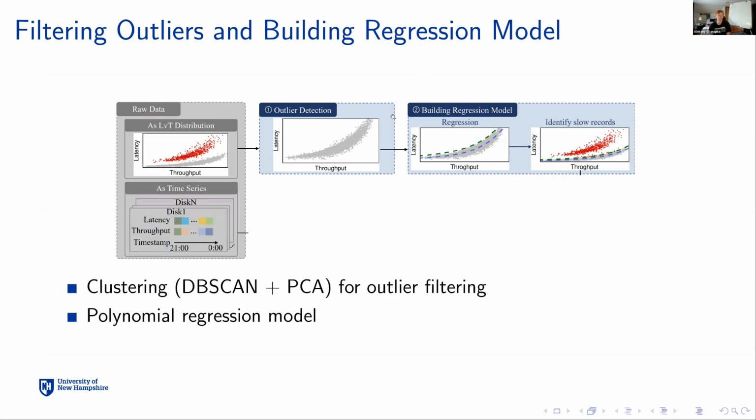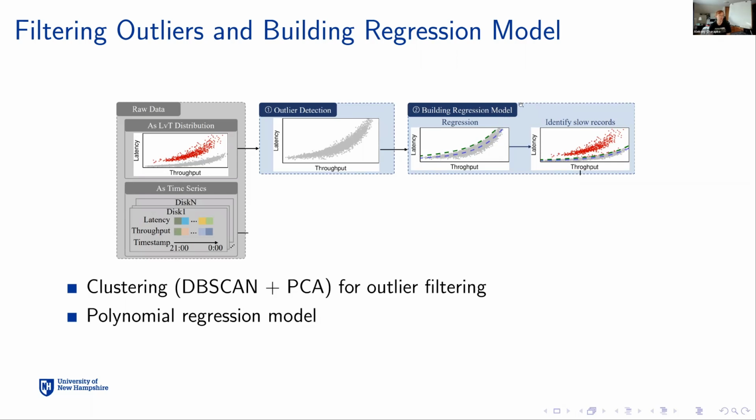Then they look at the main cluster of data points that's supposed to represent the healthy drives and how they performed in that particular storage server, and they do a regression model on this data. They fit a curve to figure out the expected latency and throughput for a healthy drive, or healthy disk or SSD.